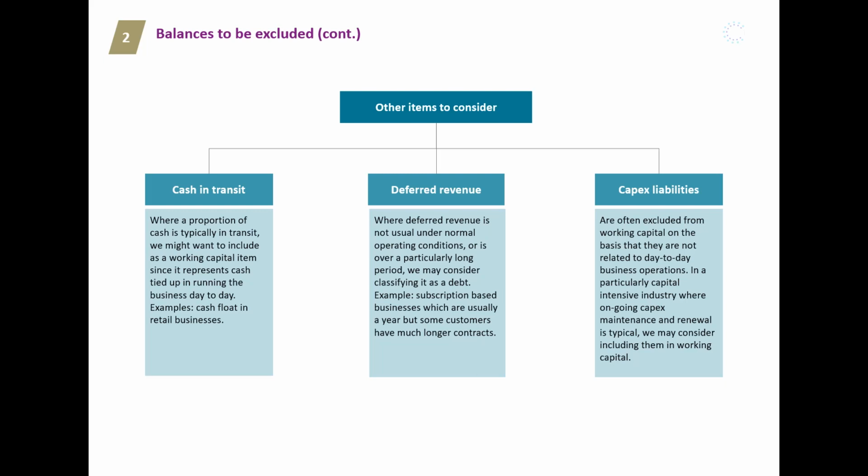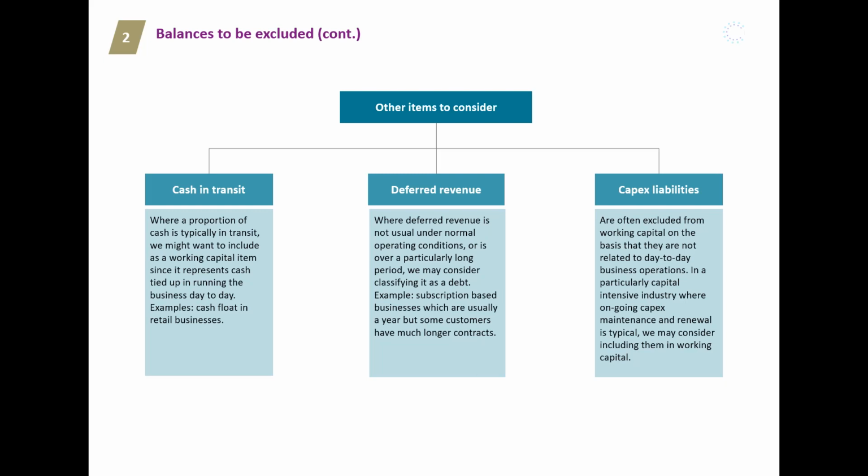So cash in transit is an interesting one. Now, do you include this as a cash balance, which forms part of net debt, or do you include this as net working capital? Where a proportion of cash is in transit, we might want to include it as a net working capital item, since it represents cash tied up in running the business day to day. So for example, cash float in retail businesses. Remember when we were looking at net debt and we looked at cash within that, and we said you look at cash in the business, but you exclude any trapped cash.